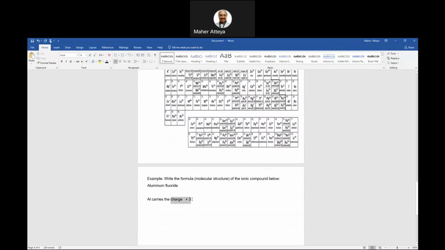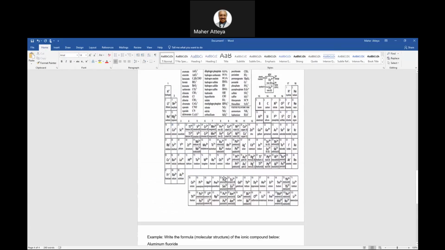Let me highlight this one, make it bold and red. And then fluoride, because we have readjusted the name from fluorine. Fluorine, F, on the other hand, carries the charge of, it is the charge here.